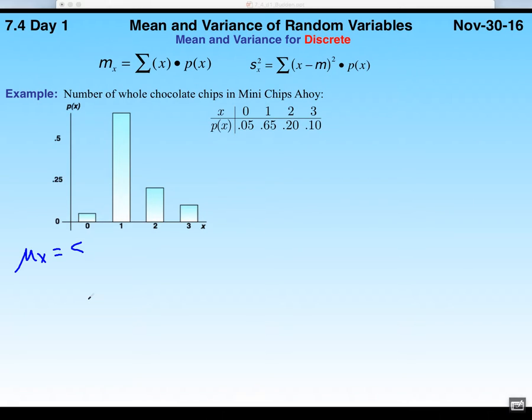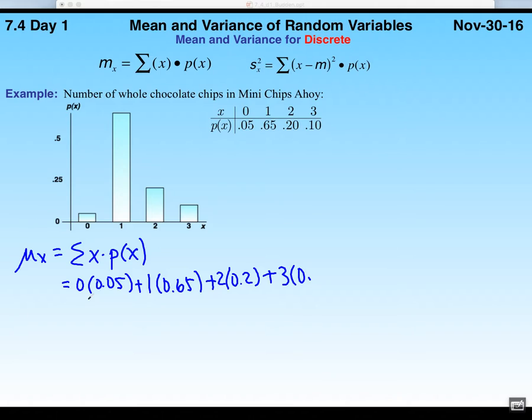So the first thing that you have to do is you have to write down the formula. Okay, here's what this formula means. Take each x value, multiply it by its probability, and then sum them all up. So the first x value is 0. That probability is 0.05. And then I have 1 times 0.65. And then 2 multiplied by 0.2. And 3 multiplied by 0.1.